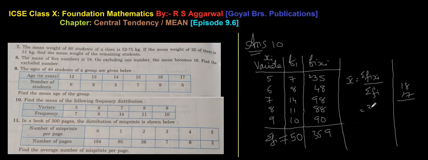So that will be what? 359 upon 50. Calculate and see how much it comes up to.